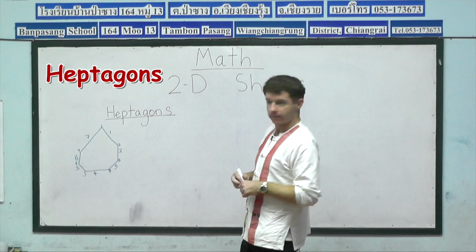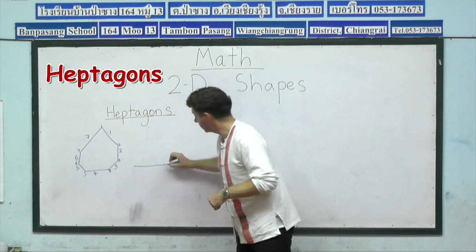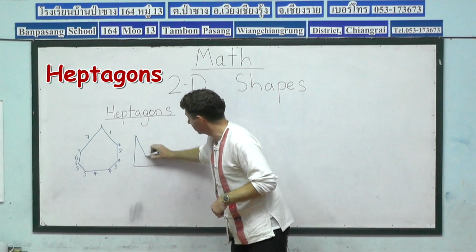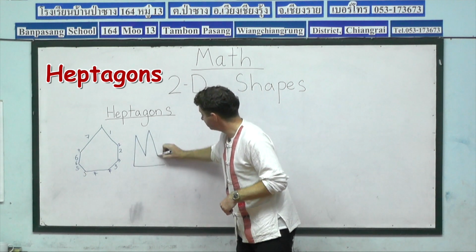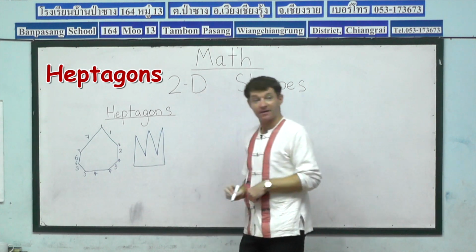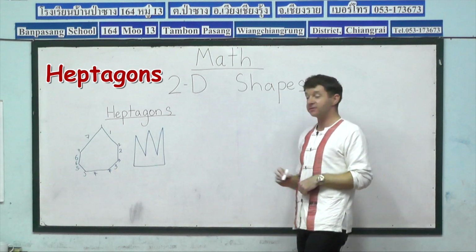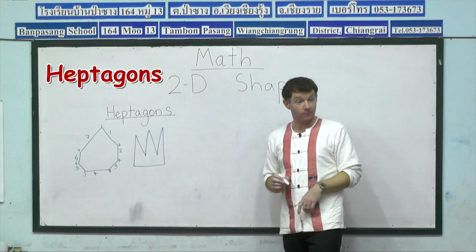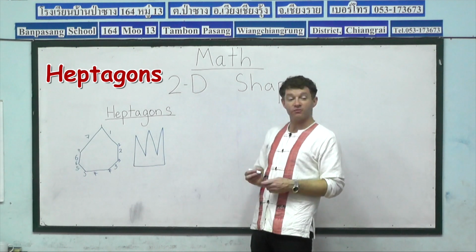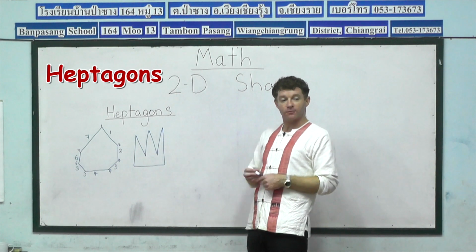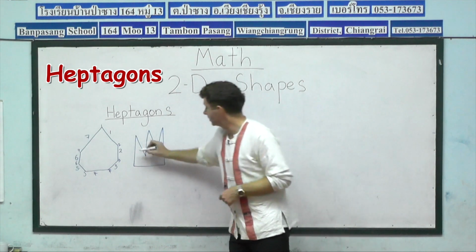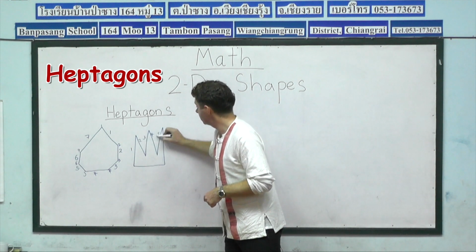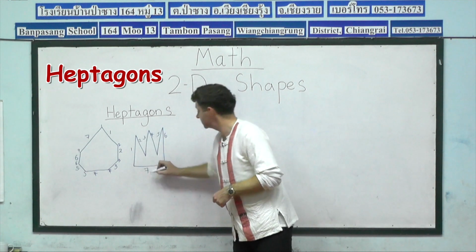So how about this one? 1, 2, 3, 4, 5, 6, 7. What type of shape is this? Heptagon. It looks like a crown. You're right. But when you think about shapes, how many sides does it have? 7.